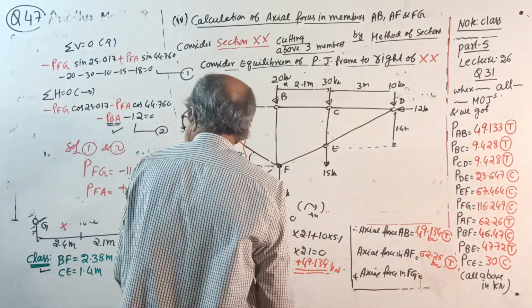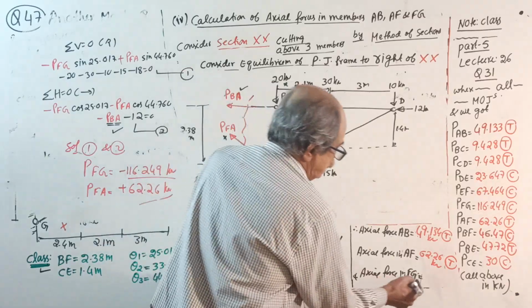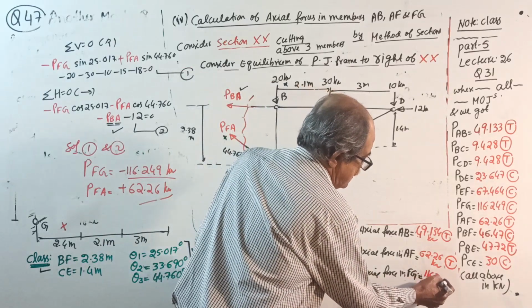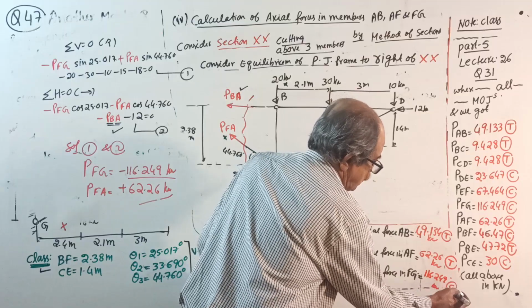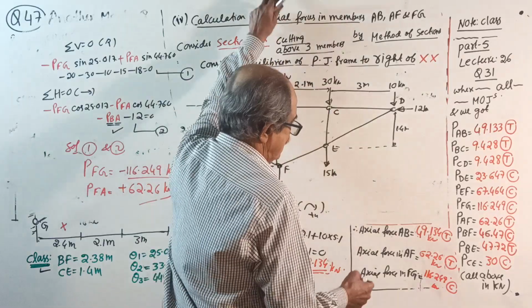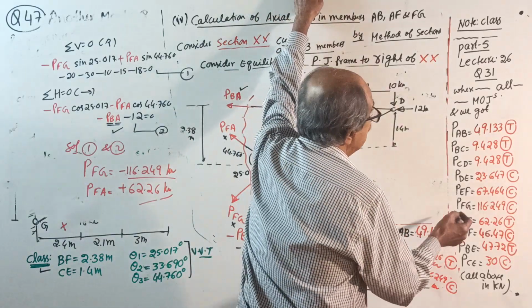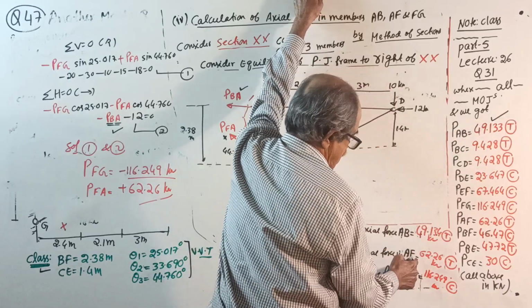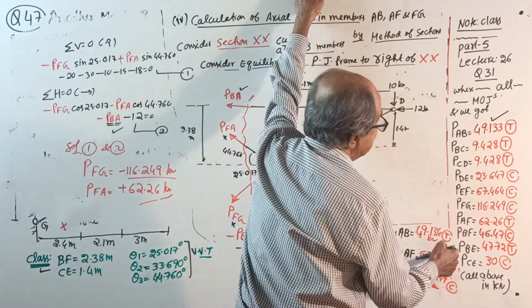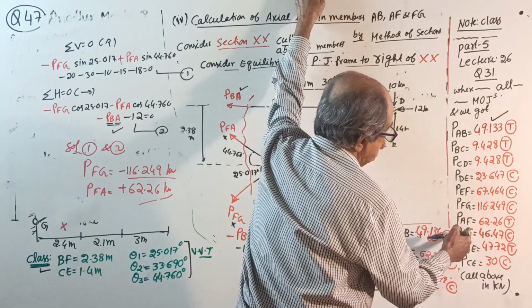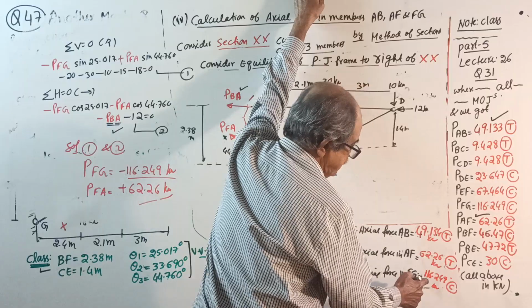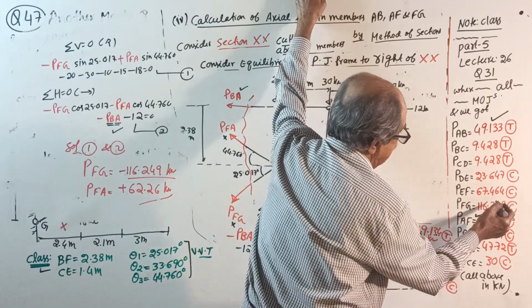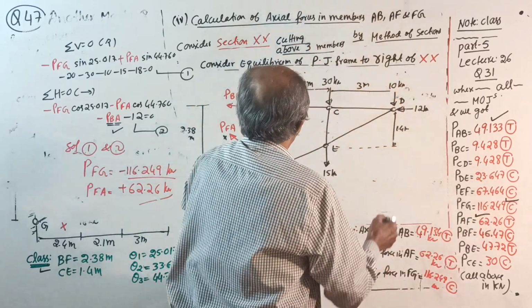Then lastly FG: 116.249 kilonewton, compression, because negative came. Okay, start. AB 49.134, yes. AF 62.26 tension, yes. 116.249 compression, yes. See? Tally.